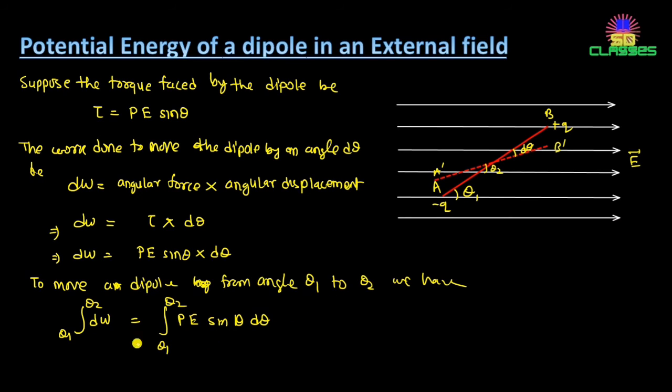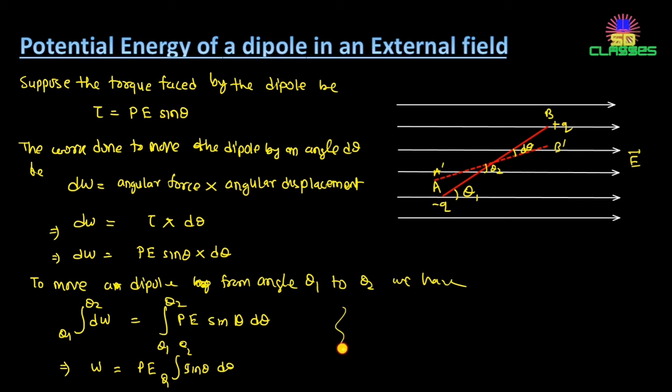Okay, so dW integrated is the total work done in going from theta 1 to theta 2. pE will be carried outside of the integration since they are constants. So from theta 1 to theta 2, this will be the integral of sine theta d theta.